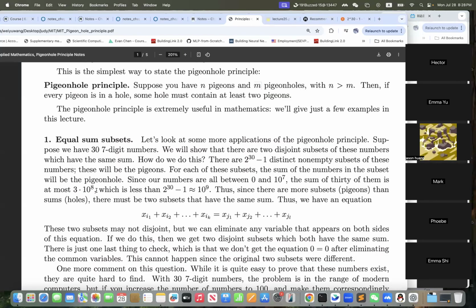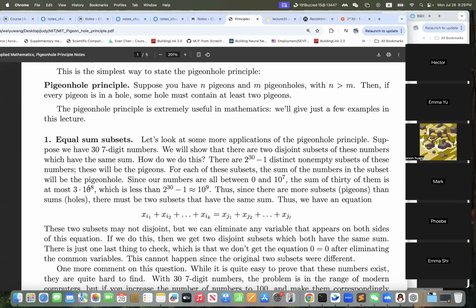So 15 numbers out of these 30 numbers also form a subset. So you can pick any subset. Each subset contains at most 30 numbers, and when you sum them up, since they are all 7-digit numbers, you cannot exceed this, right? So each subset corresponds to a sum. Say your subset has 5 numbers, we sum them up, then that is called the sum of that subset, right? So each subset has a sum.